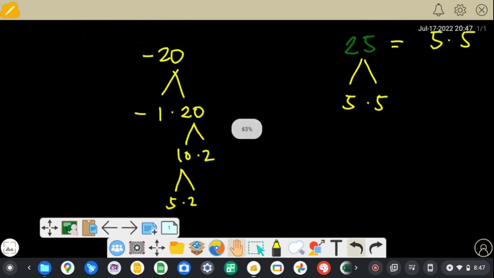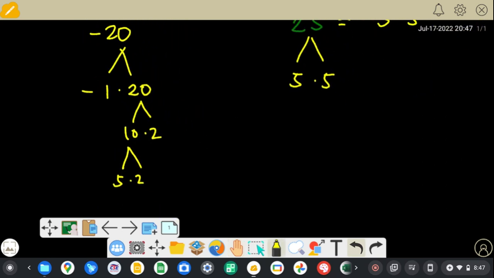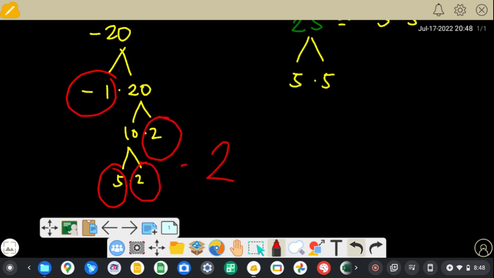Notice here that 20 has the prime factorization of 5, 2, and 2. So negative 20 has a prime factorization of negative 1 times 2 times 2 times 5. Okay, so negative 1 times 2 is negative 2, times positive 2 is negative 4, times positive 5 is negative 20.